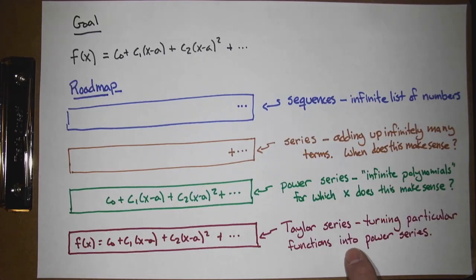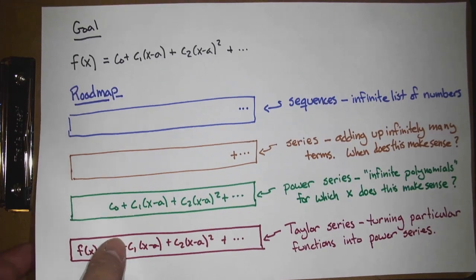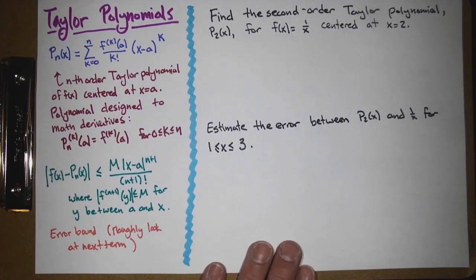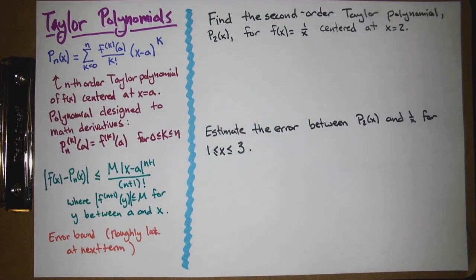Taylor series, where we can turn particular functions into power series, so that we turn problems into polynomial problems. All right. The end is near. Good. All right. So let's get back into Taylor polynomials.